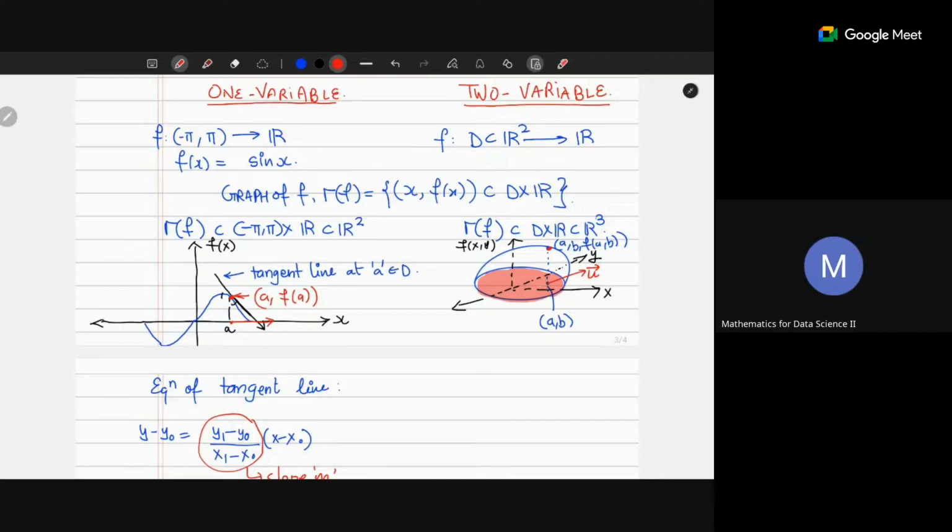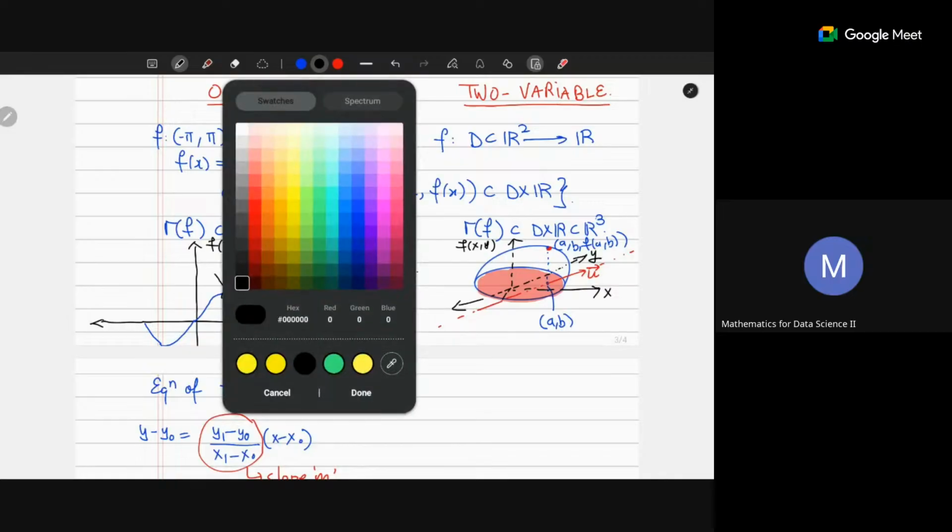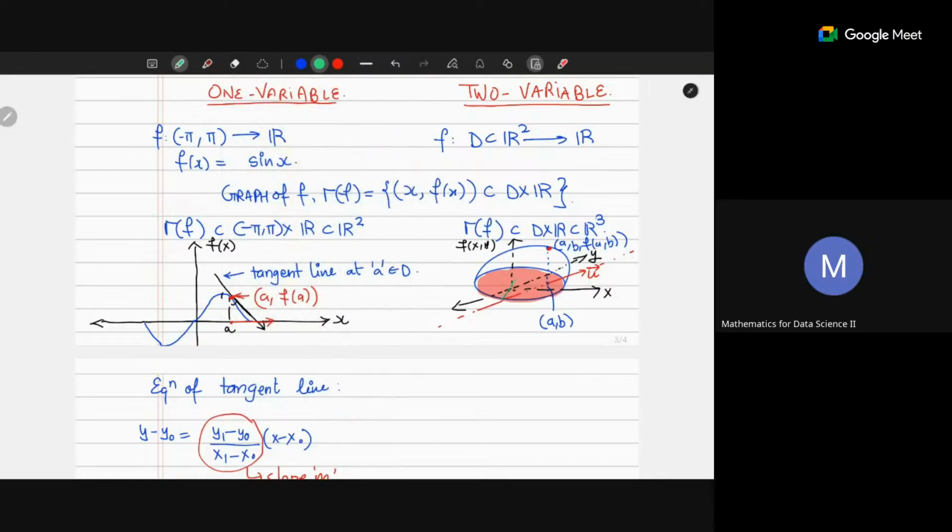You perform the directional derivative along this direction in the xy plane, and it leads to a line which is tangent at this point, in the direction of this, to the one variable function that you have along this direction. So let's say this is the one variable function that will form, and it takes different values, and then it goes here. This green line that you see is the graph of this one variable function.